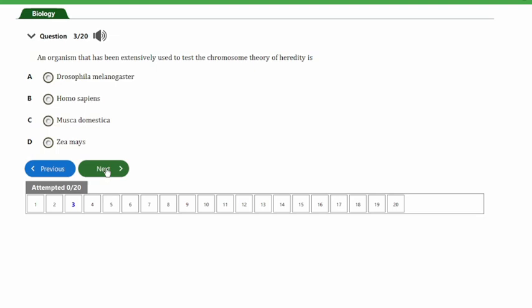This is a species of fly under the taxonomy order of Diptera, in the family Drosophilidae. It is known generally as the common fruit fly, and it is the species that has extensively been used to test the chromosome theory of hereditary.